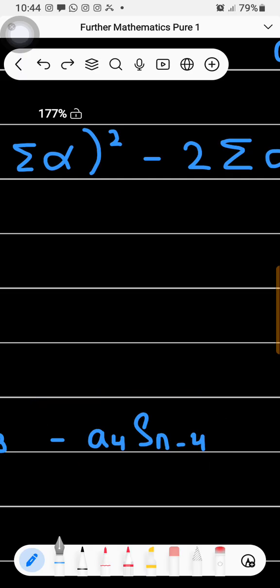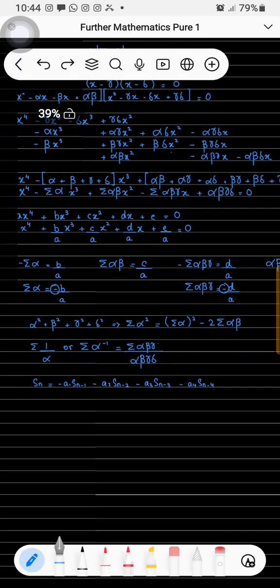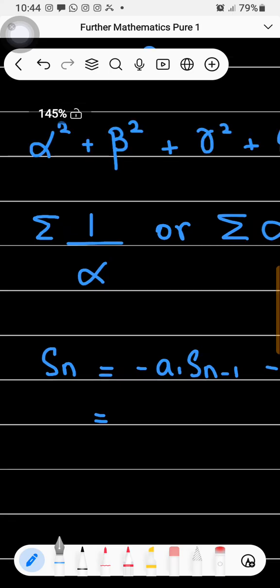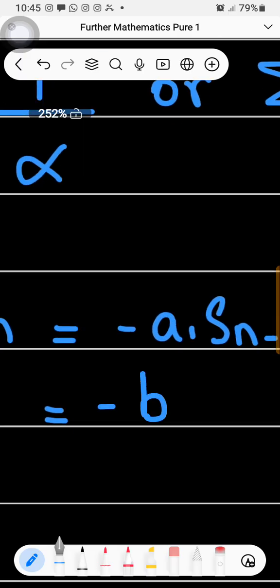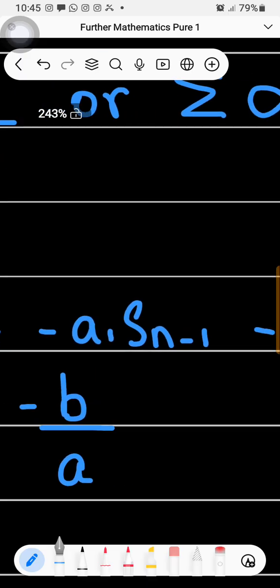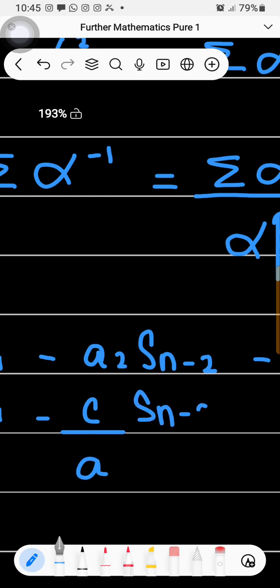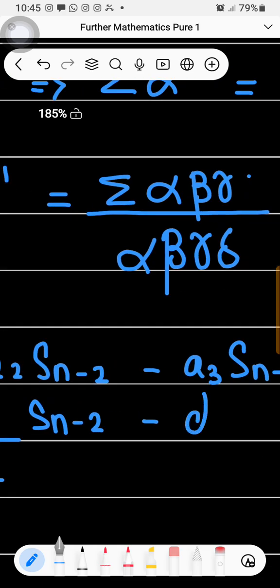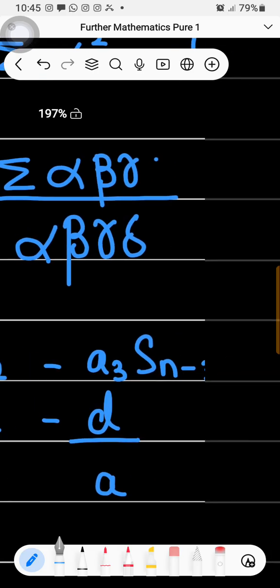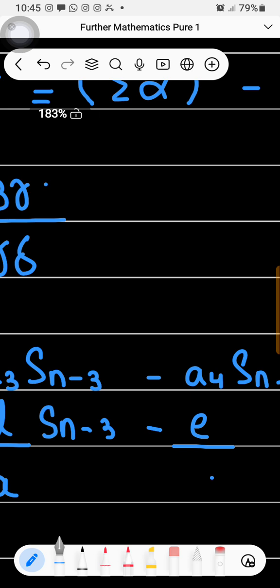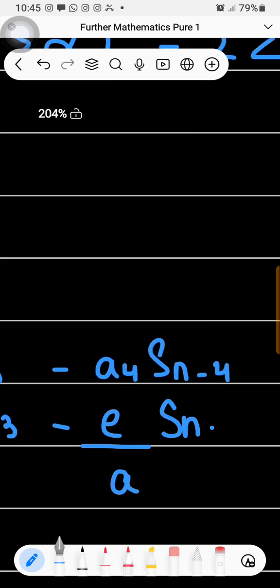Okay, so let me write a1, a2, a3, a4 in the form of a, b, c, d. So it is minus b upon a Sn minus 1, minus c upon a Sn minus 2, minus d upon a Sn minus 3, minus e upon a Sn minus 4.